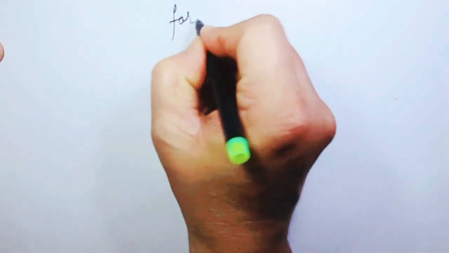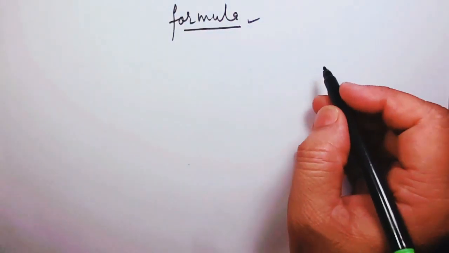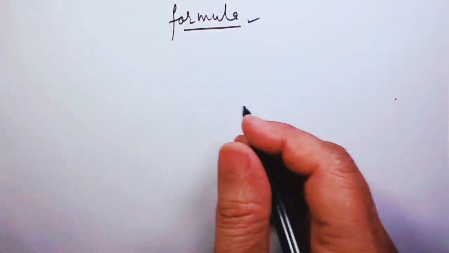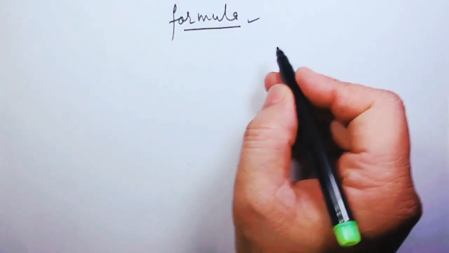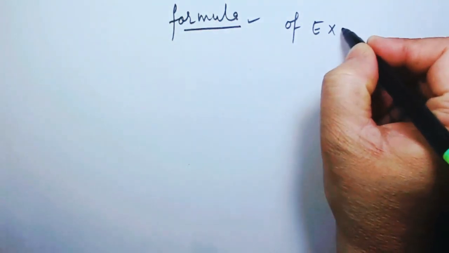So today, my dear, we shall deal exclusively with the formula of exponents. Why formulas? Because when these formulas are used appropriately, only then we would be able to solve other sums of exercise 2b.